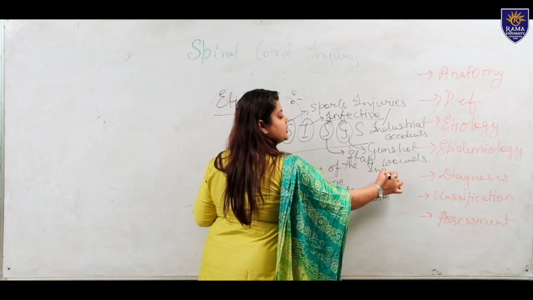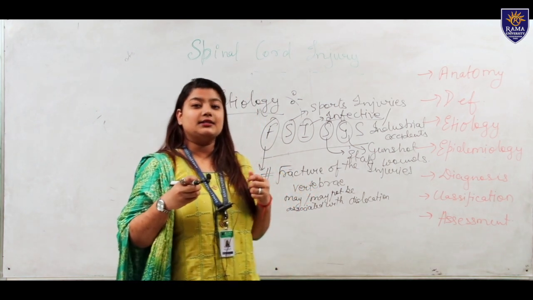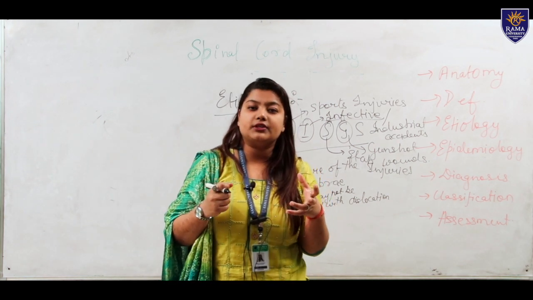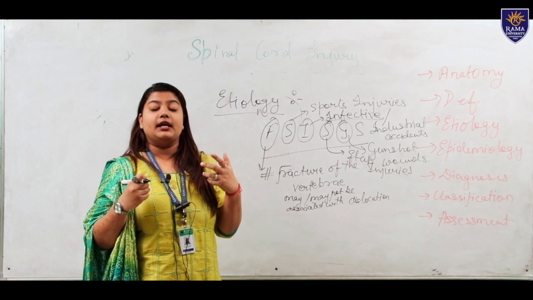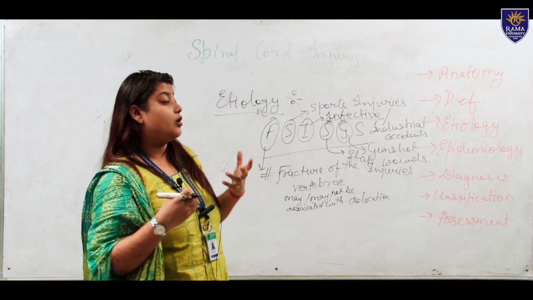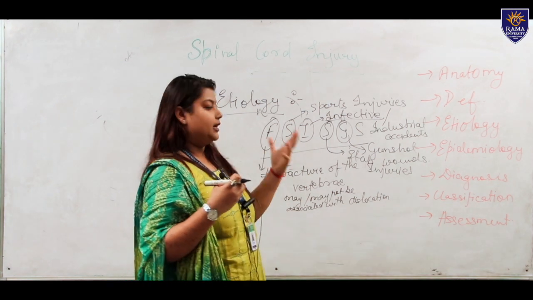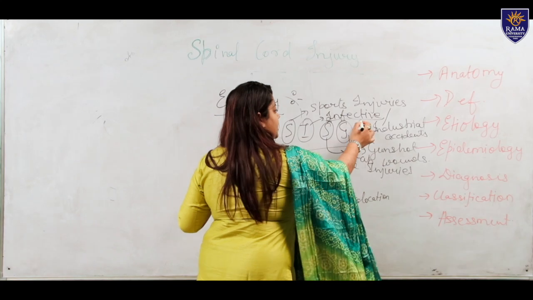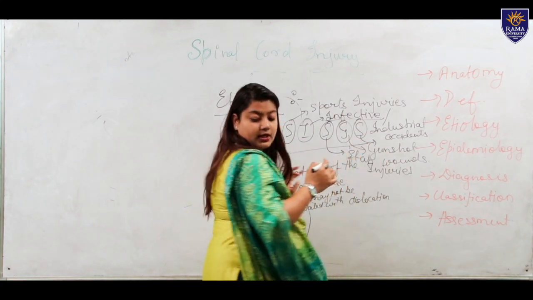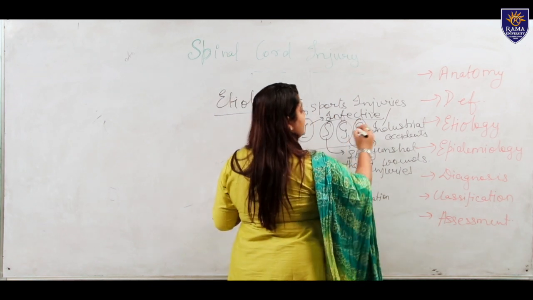Stab injuries, as in there are various forms of injuries where there is a sharp stabbing feature at the level of the spinal cord. It could occur as a result of trauma, car accident, or any sort of injuries from a knife, etc. The last S stands for surgical trauma.